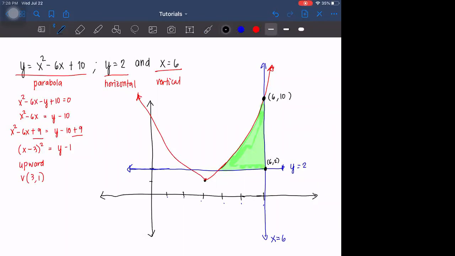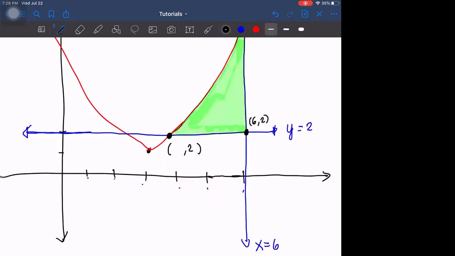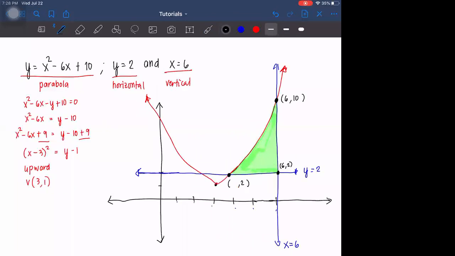Okay. How about this point? What is given here, x or y? y. y is equal to 2. So what is x? Where do we substitute this? Here.